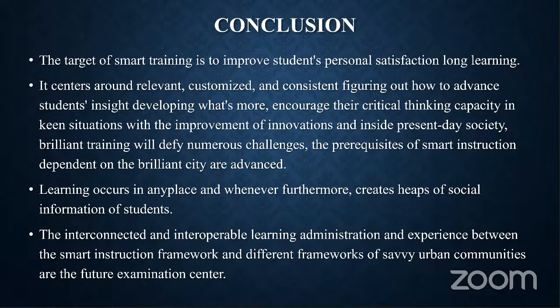It focuses on relevant, personalized and seamless learning to advance students, inciting, developing, and encouraging their critical thinking capacity in key situations with the improvement of technologies and within present-day society. Smart education will definitely face numerous challenges, the requirements of smart education based on the smart city advanced.